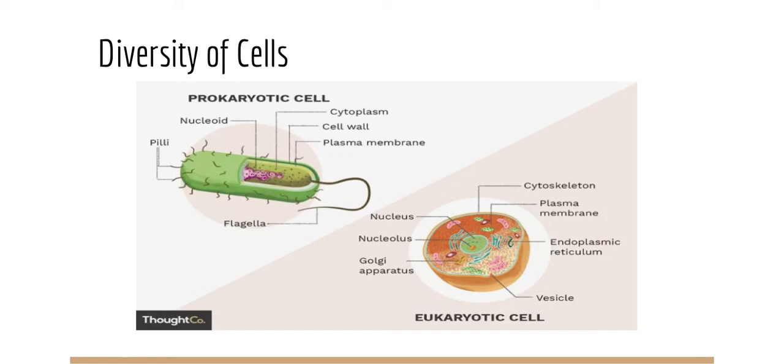Cell size indicates efficiency. The next point, as far as shape goes, all cells have a different shape based on their function. When we talk about multicellular organisms, such as humans, we're going to start talking about the different types of cells we see in our body. I talk a lot about that in HAP. So if you're interested in learning about different types of cells in the human body, that would be a great class.